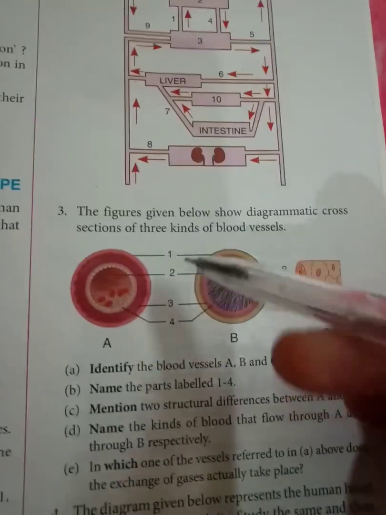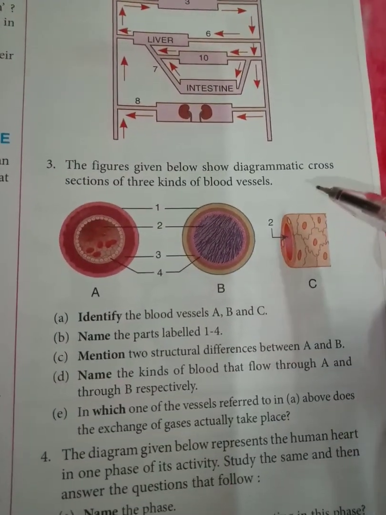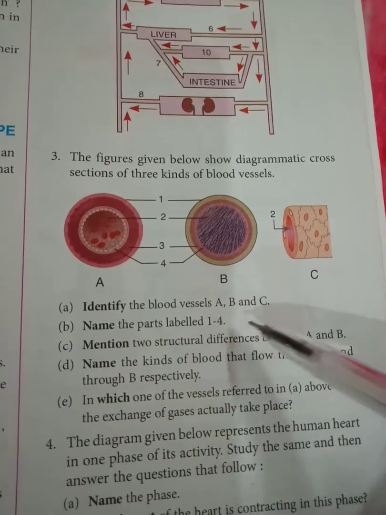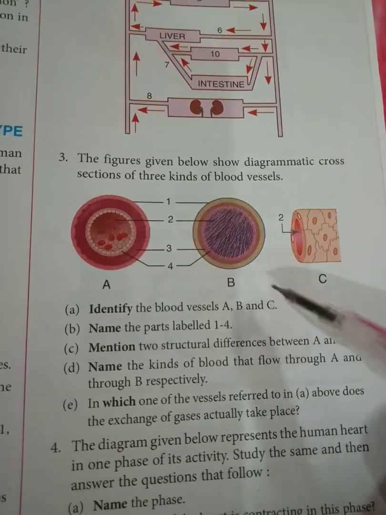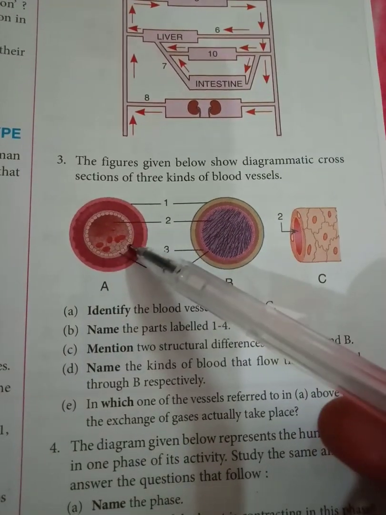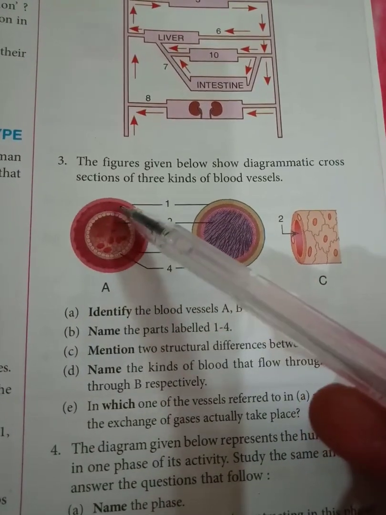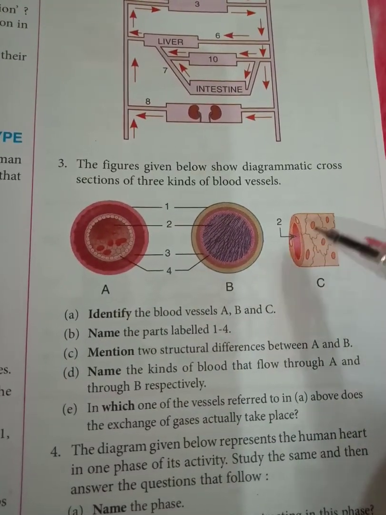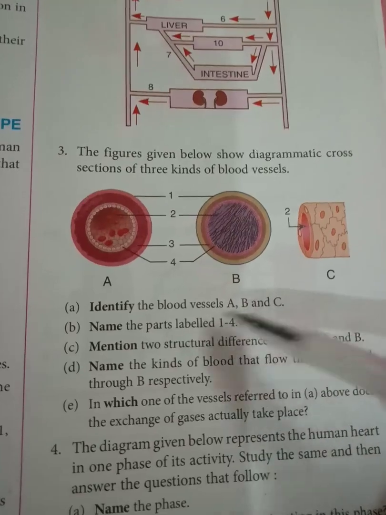Then the figure given below gives the diagrammatic cross section of 3 kinds of blood vessels. Identify the blood vessels A, B and C. Narrow lumen and muscular wall would be artery. This is vein and this one is capillary, with only an endothelial layer.